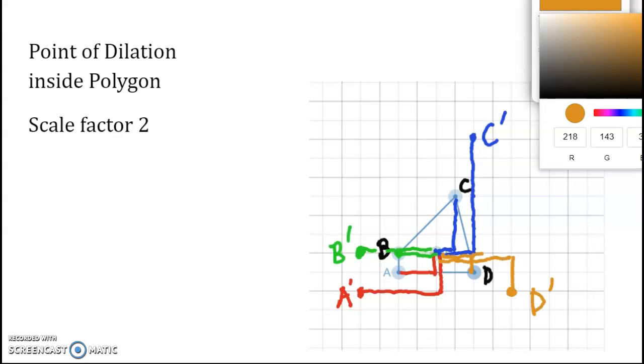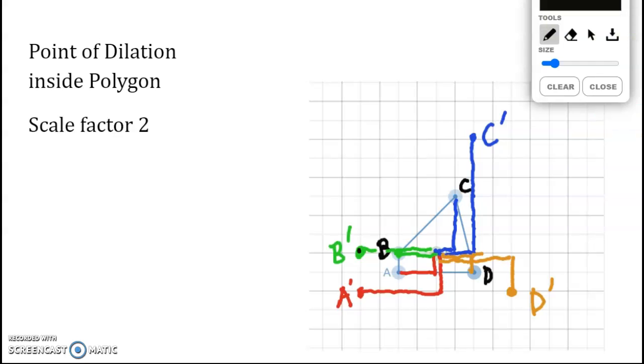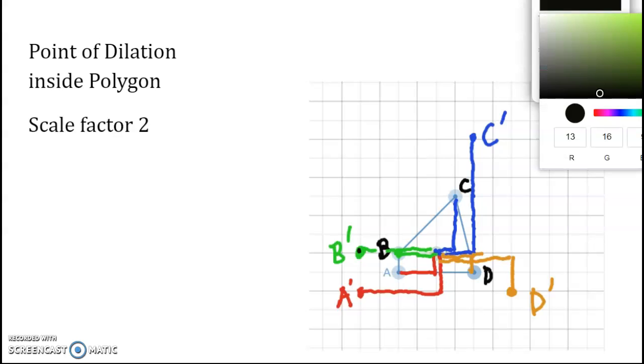Okay, so let's connect the dots. And let me use a yellow line. Oh, I made a mistake.